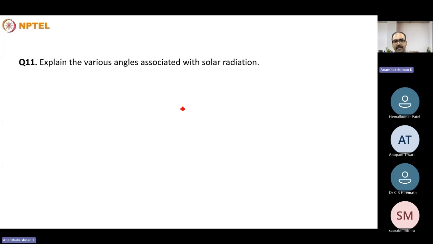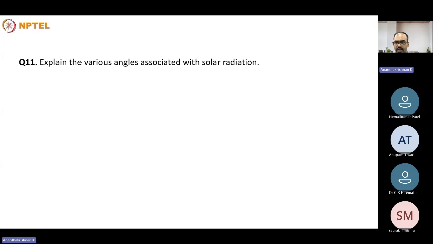So this is the last part of this session. I'll discuss the various angles associated with solar radiation. This is an explanation of the various angles. In this one you need not do anything on your own.